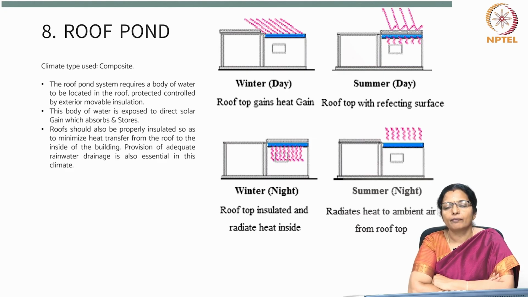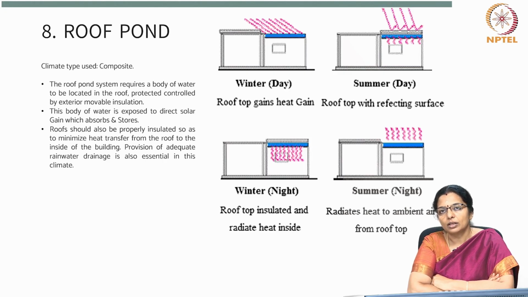In this strategy, you need to have the entire roof covered with a water body, and how it operates is, on a summer day, the roof water is completely closed and at night the water is exposed. At night, because the night sky is cool, the water releases its heat and so has a lower temperature.